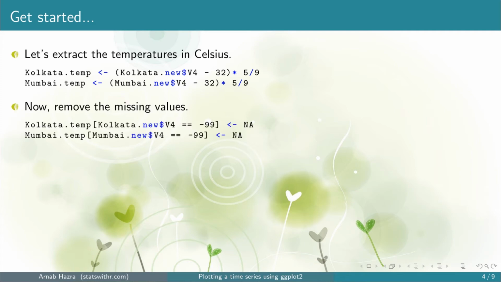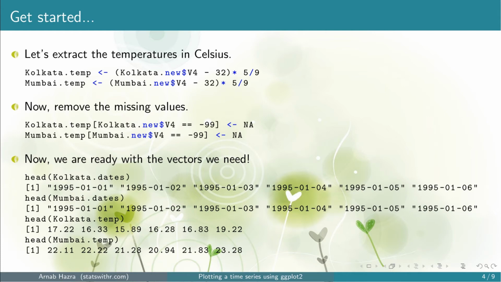Next, there are some missing values in the data and they are stored as -99. So we just replace those cases by NA. Okay, now we are ready with the vectors we need to draw the time series, namely the kolkata.dates, mumbai.dates, kolkata.temp and mumbai.temp.